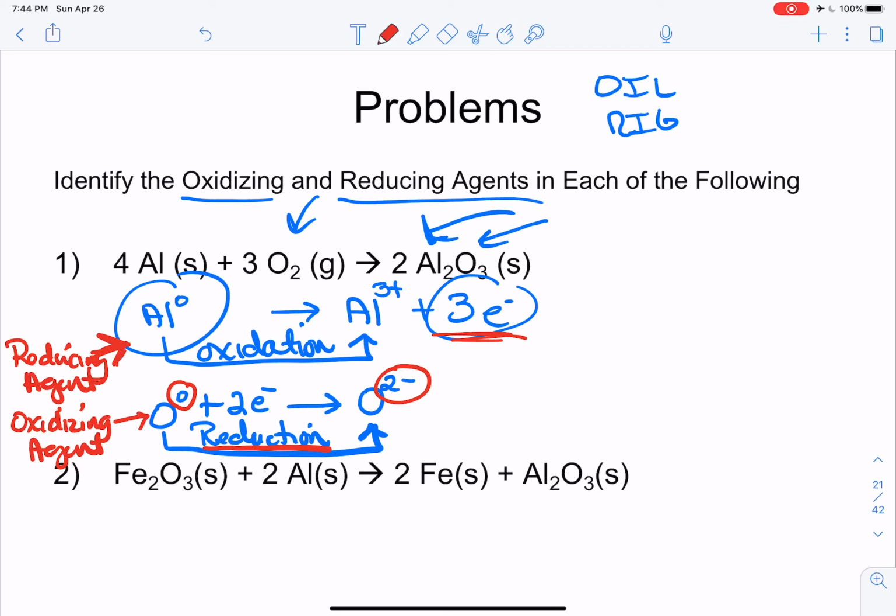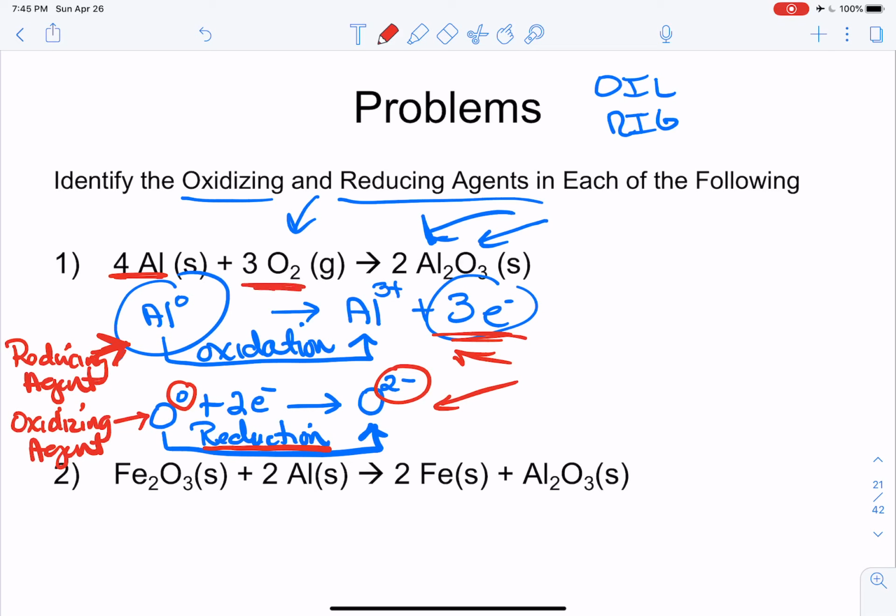Now, if we look at how many times these simple reactions happen, this one and this one, what we'll find is that the number of electrons given away by these 4 aluminums is going to be exactly the same number of electrons taken on by these 6 oxygens.